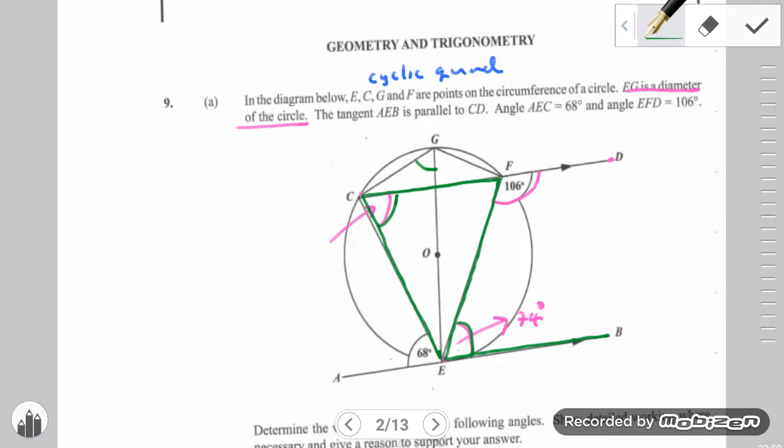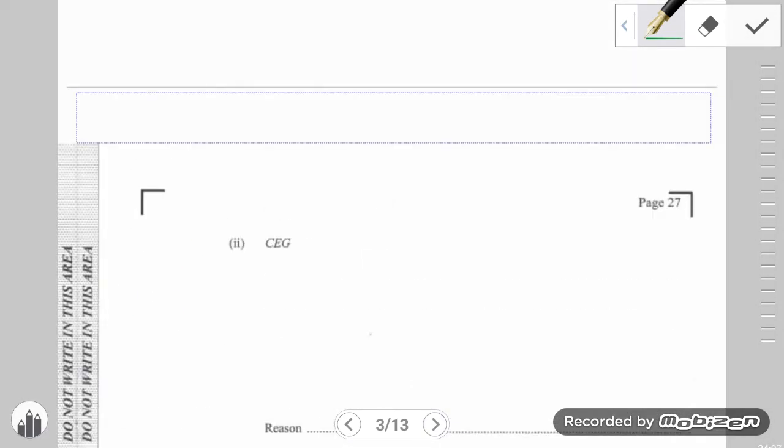So how could we find that angle? Aha. So this CEG.